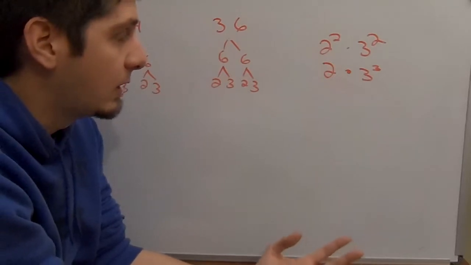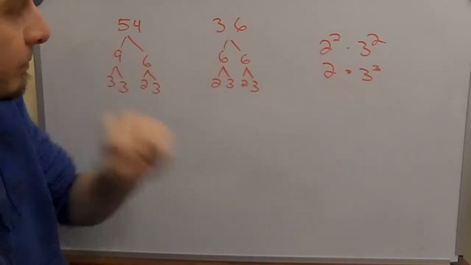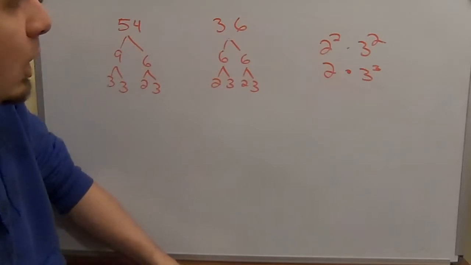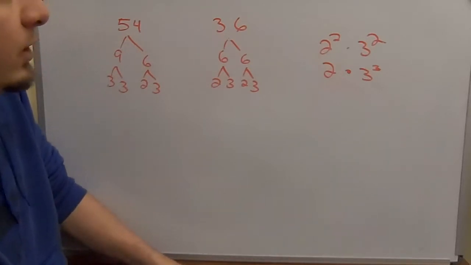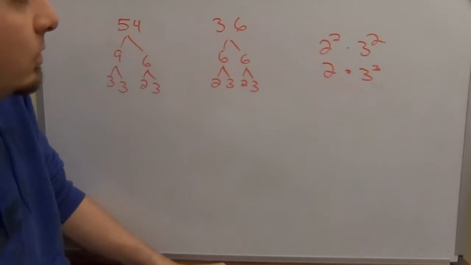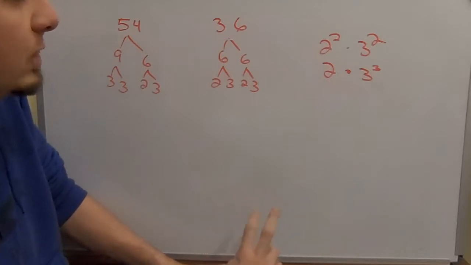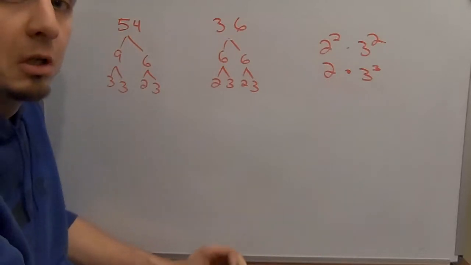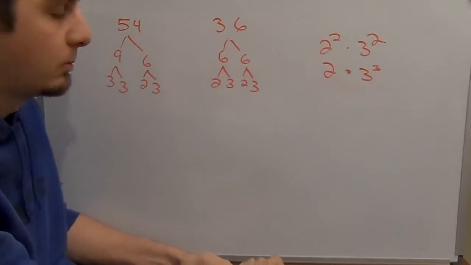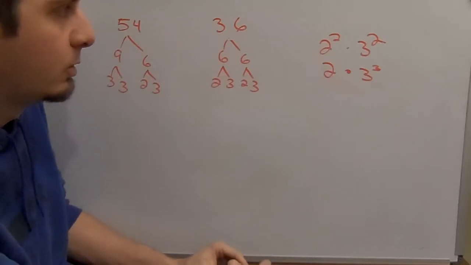So if the prime factorization of a number can find us all of its factors, then the common prime factors of two numbers should get us all the common factors of those two numbers. I'm going to say that one more time, just to make sure we understand.